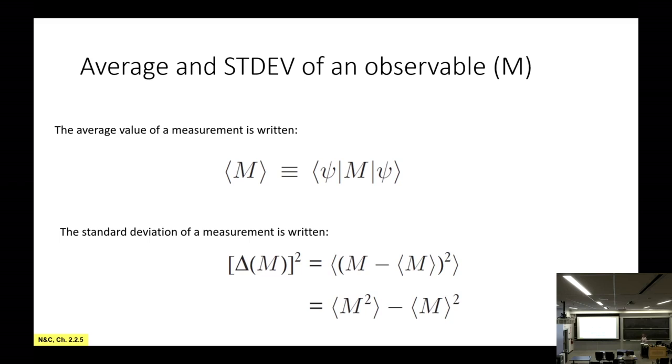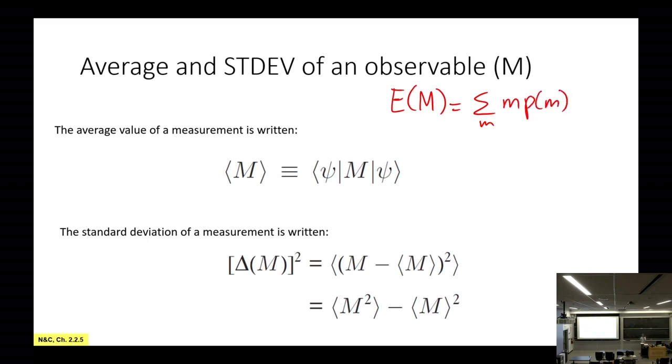In particular, it's really easy to calculate average values for these projective measurements. So the average value of a measurement, I skipped a bunch of stuff, let's just write it as E of M is equal to the sum over the little m's times m times the probability.